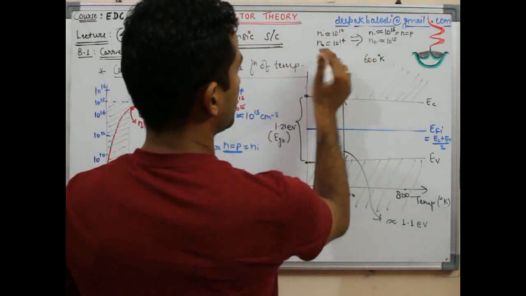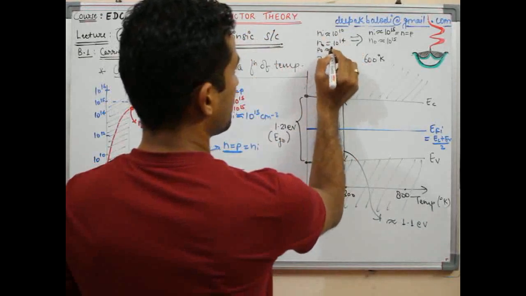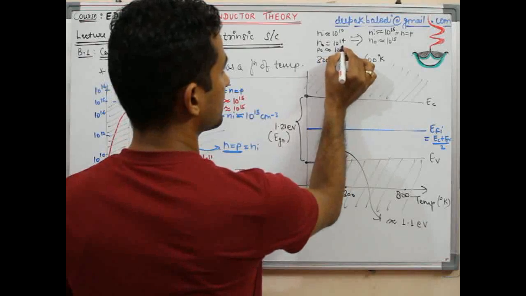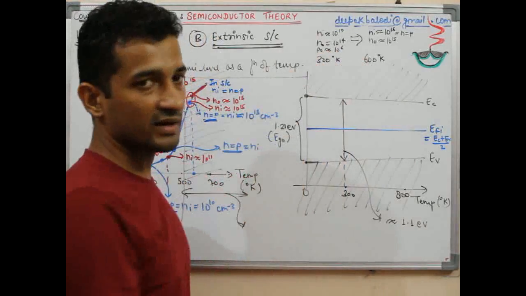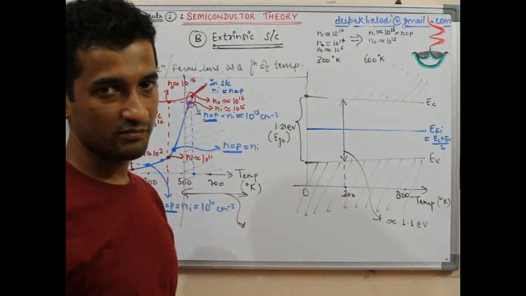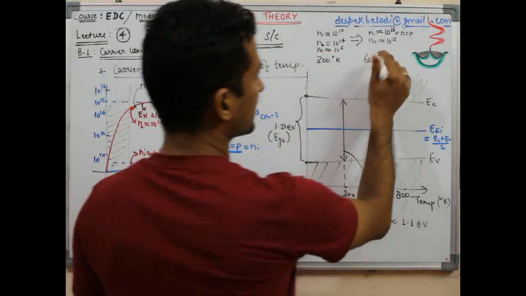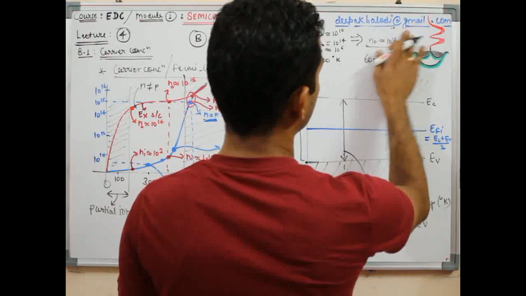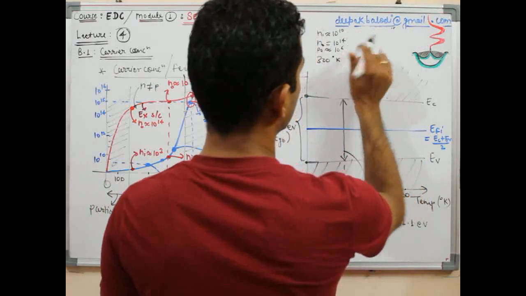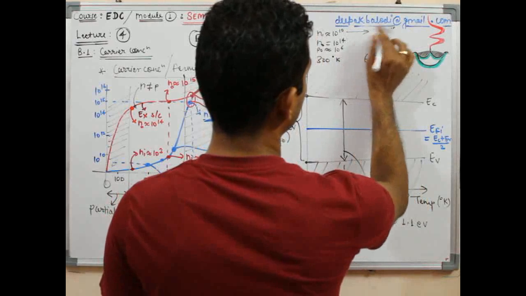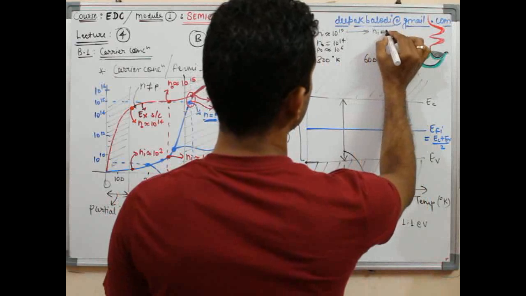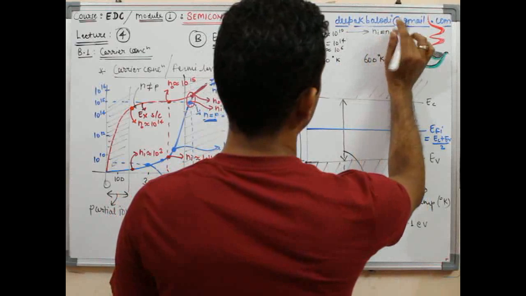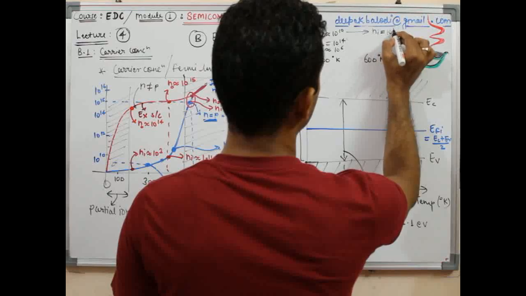So p naught, for maintaining n naught times p naught equals ni squared, should be like this. But at 600 Kelvin, again I'll write it up, this has gone to ni, which is 10 to the power 15.